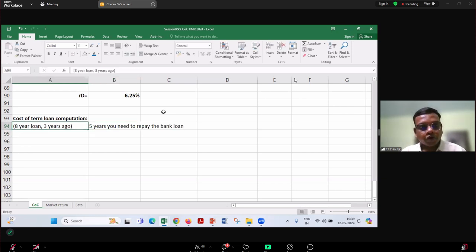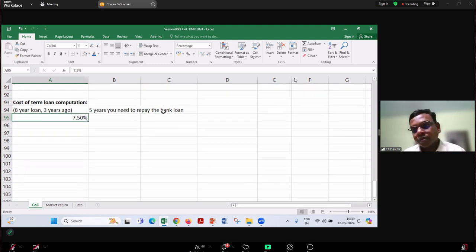Tell me now how to compute the cost of term loan. Assume that when you borrowed this particular loan, interest rates were lower, because of which you could borrow this loan at 7.5% only. Because 3 years ago, your CRR was less and the market rate was less. That is the reason you borrowed at the rate of 7.5%.